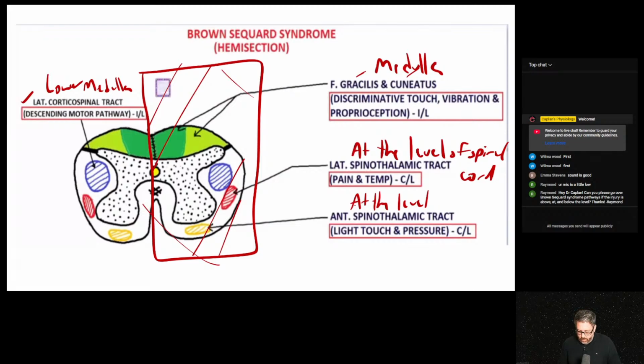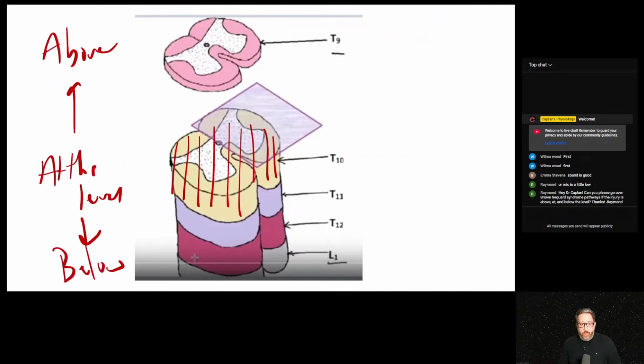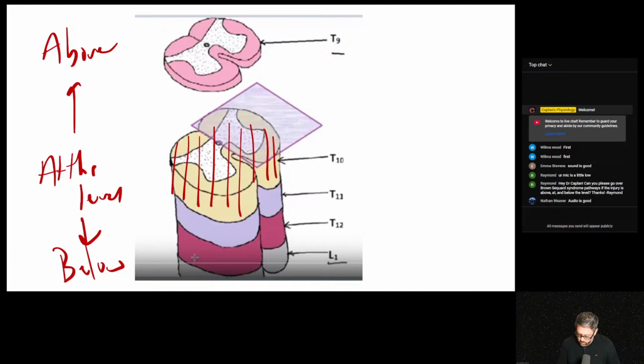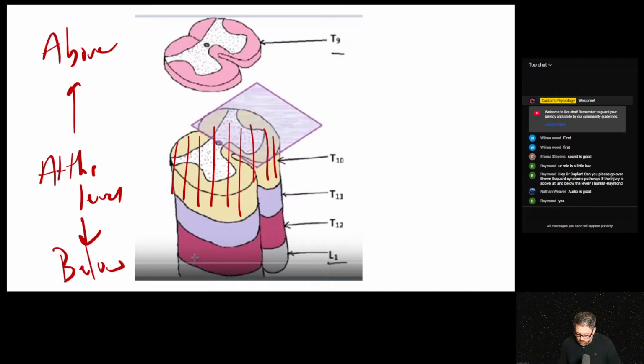So again, looking at the level, we lose all of this on that one side. It's not going to work anymore.